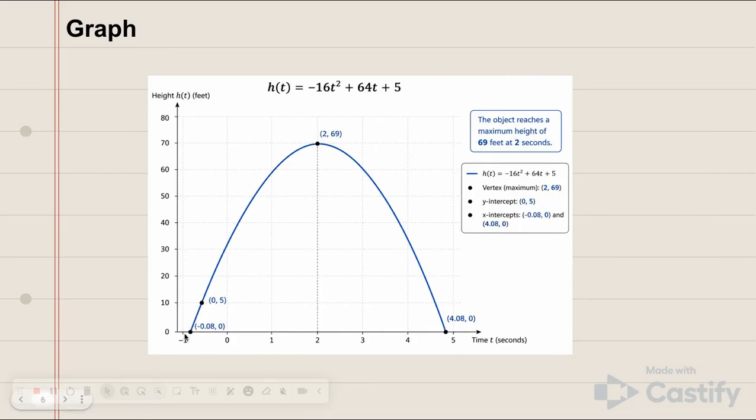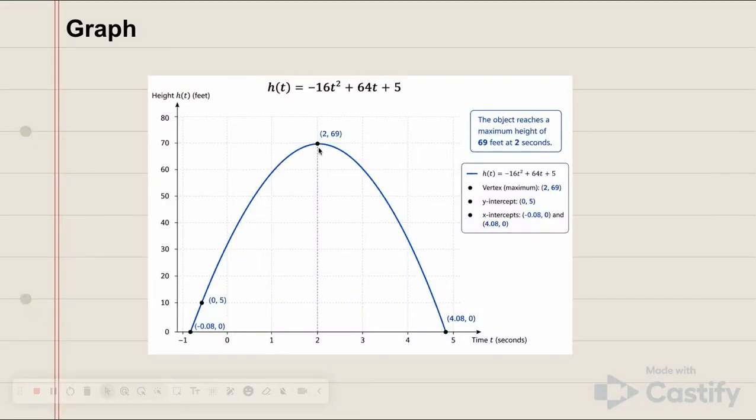If we follow the left-hand side of this graph, at the x-intercept of negative 0.08, to visualize this concept, that's when the ball is thrown. And as it goes up and up and up, that's when it's rising.